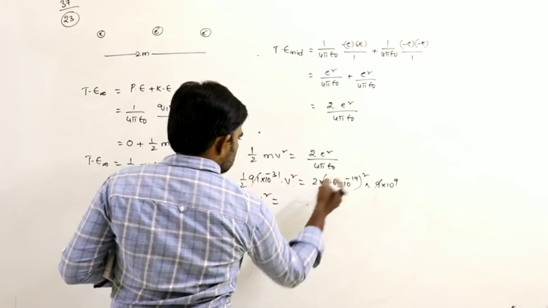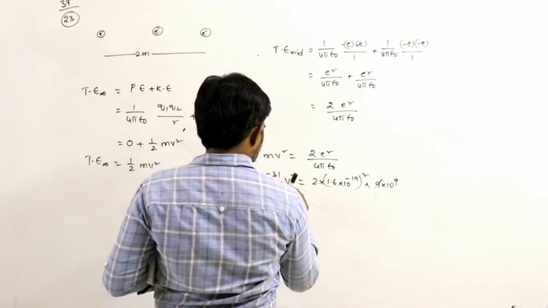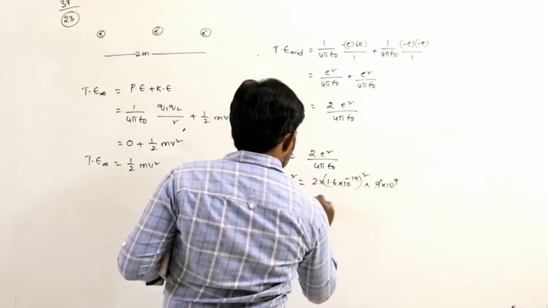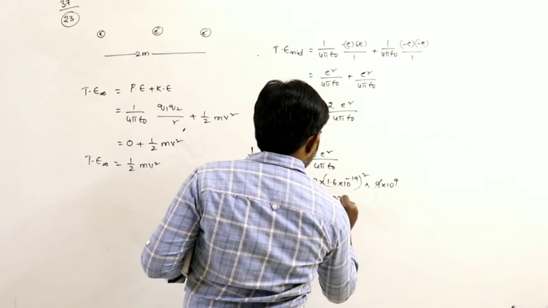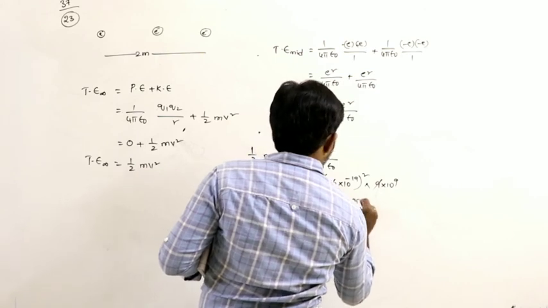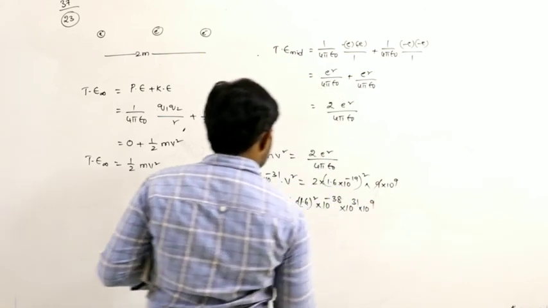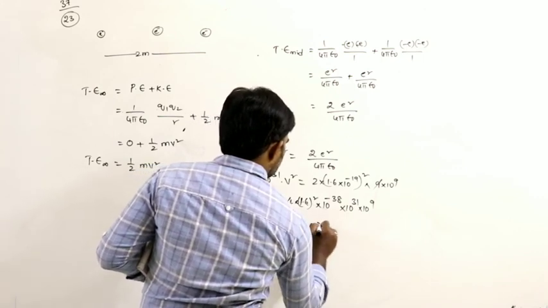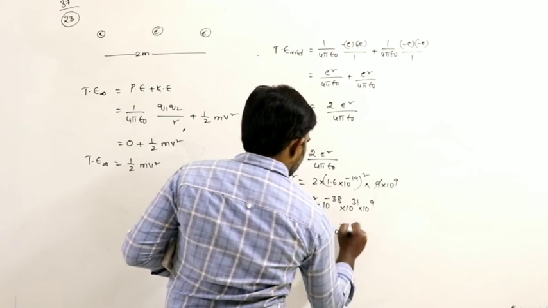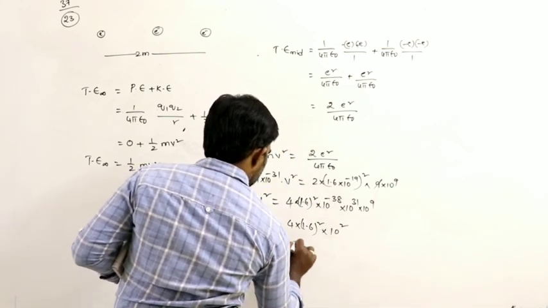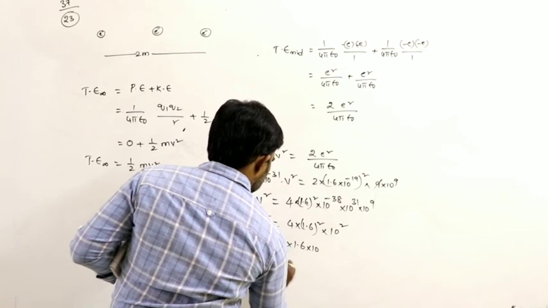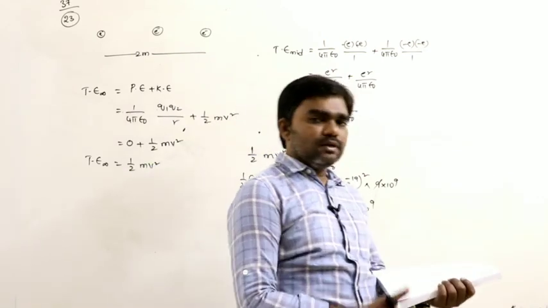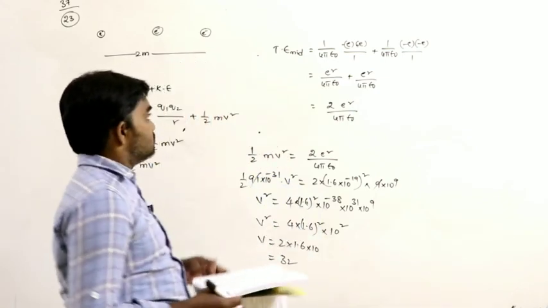So v square is equal to 4 into 1.6 whole square into 10 square. v is equal to 2 into 1.6 into 10, that is 32 meters per second.